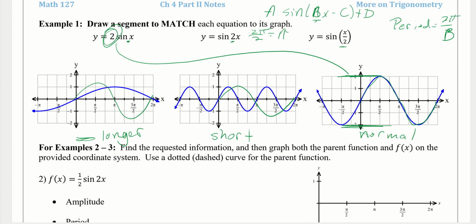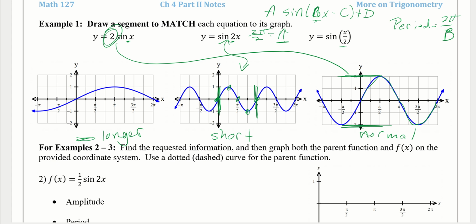So I have to do my entire pattern of midline, up, midline, down, midline within 1 pi now. If you notice on the second one, we've got midline, up, midline, down, midline. So I completed my pattern within 1 pi. So that's why this guy is this one.